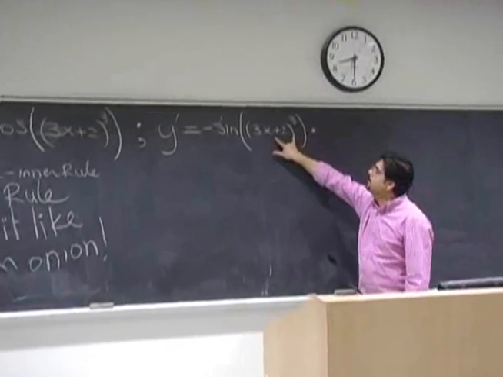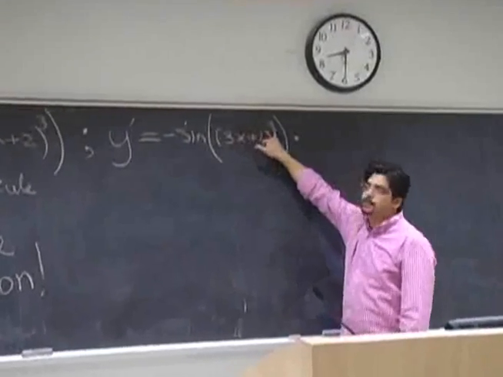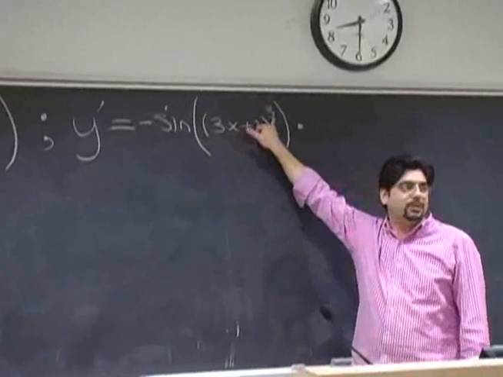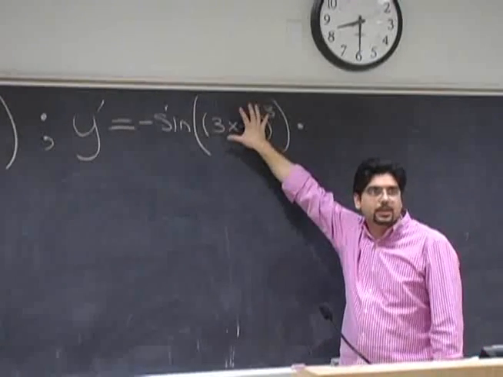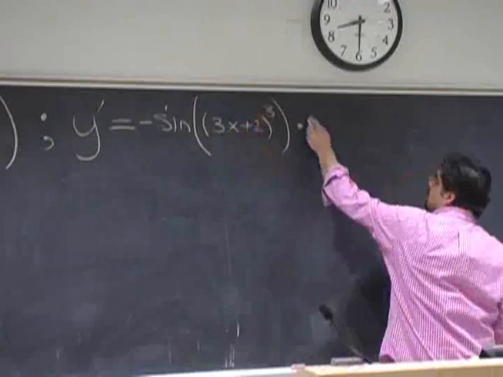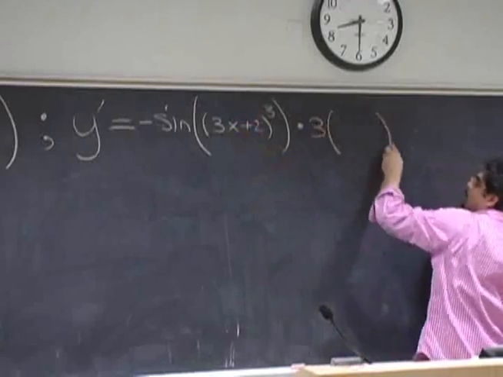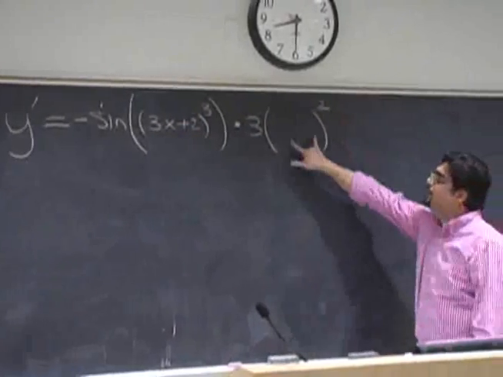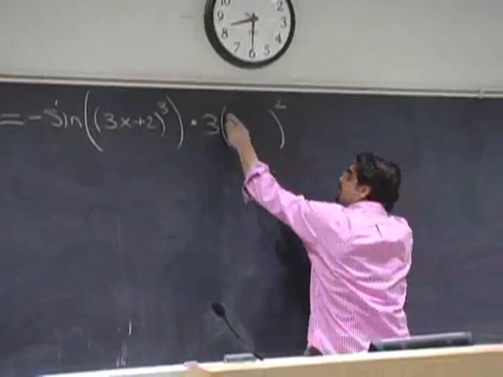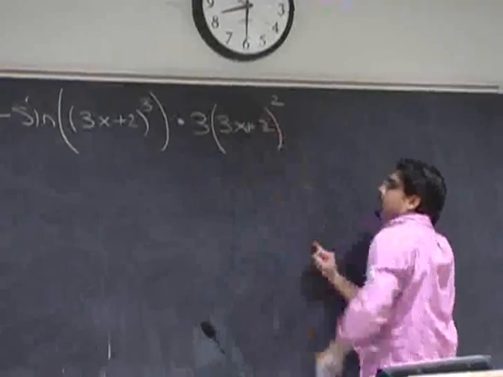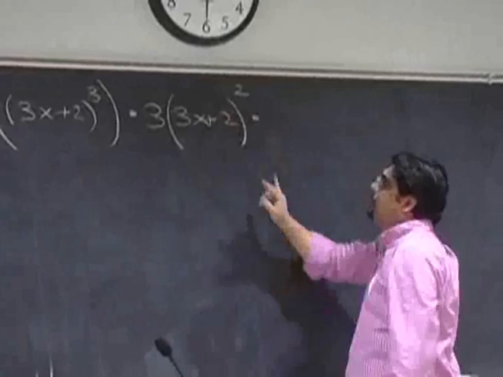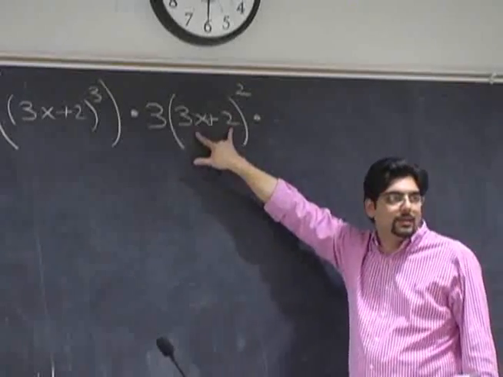Now the inner function is something to the power of 3. So we do the derivative of a power function, the power rule. That would be 3 times something squared, leaving the inner part the same, times the derivative of the innermost layer, which is 3.